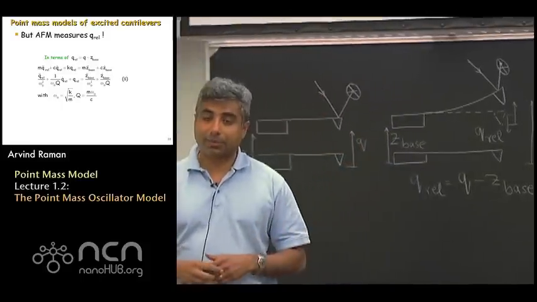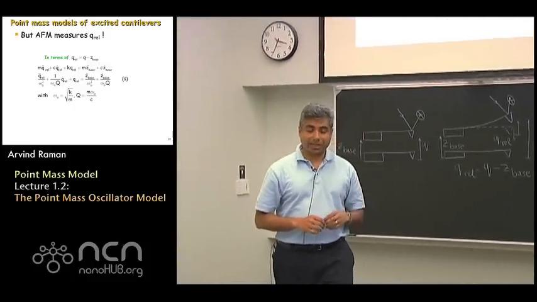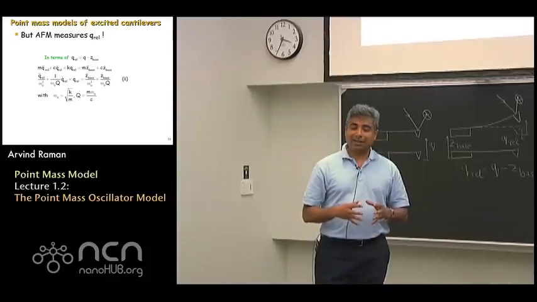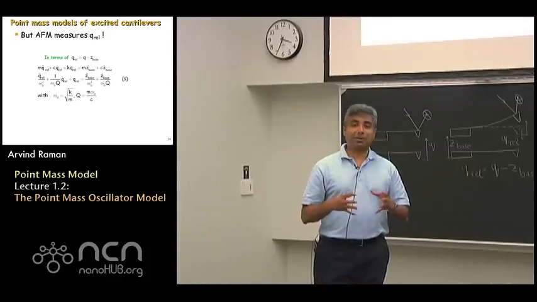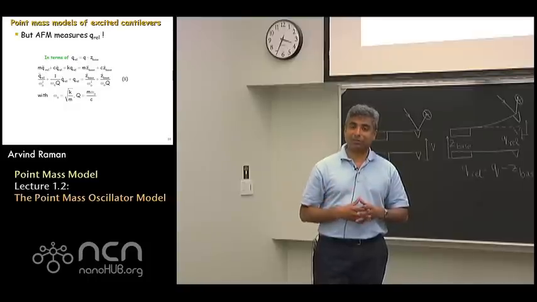So if we make the substitution of Q rel equals Q minus Z base in equation 7, one comes up with equation 8, which is the equation of motion in terms of the observed motion in a photodiode in an atomic force microscope. Thank you, and we'll continue a discussion of this in the next lecture.